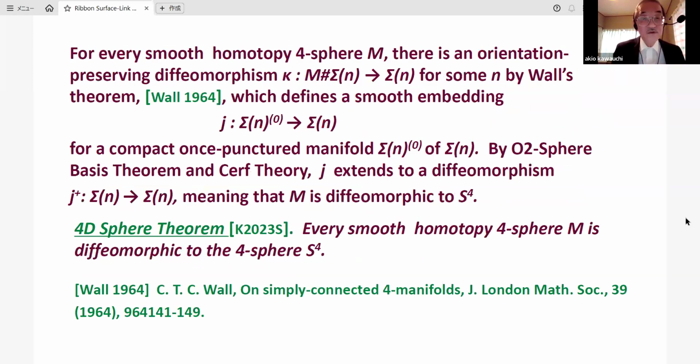For every smooth homotopy four-sphere M, there is an orientation-preserving diffeomorphism kappa from the connected sum of M and Sigma_n to Sigma_n for some n by Wall's theorem, which defines a smooth embedding J from the compact once-punctured manifold Sigma_n^0 of Sigma to Sigma_n. By the orthosphere basis theorem and surgery theory, J extends to a diffeomorphism J^+ from Sigma_n to Sigma_n, meaning that M is diffeomorphic to S^4.